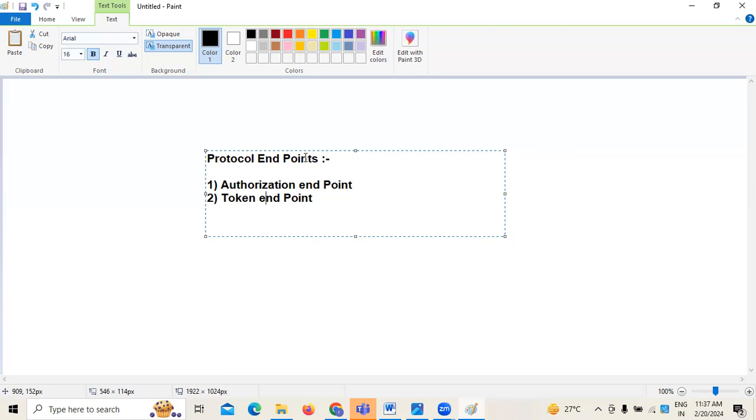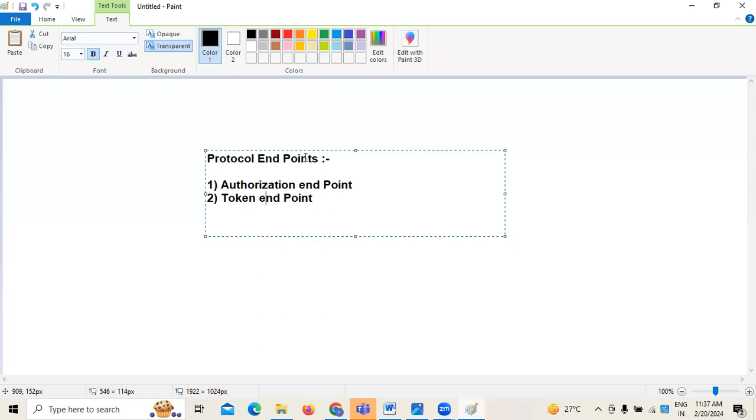So these are the two major protocol endpoints which normally we use at the implementation level. One is the authorization endpoint, as I mentioned, and at the same time, the token endpoint.